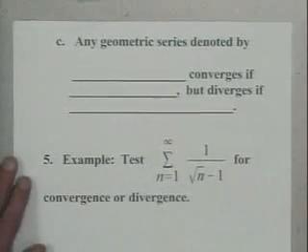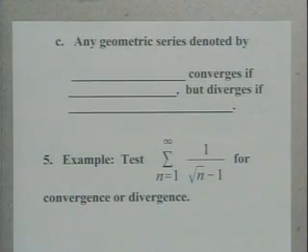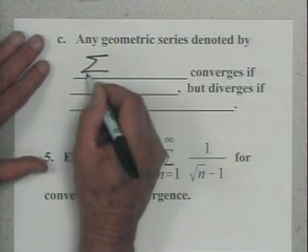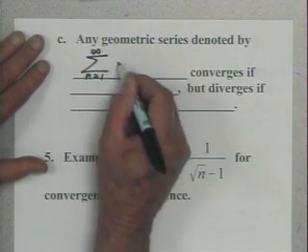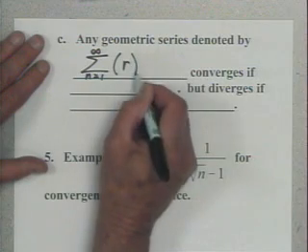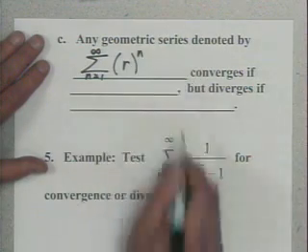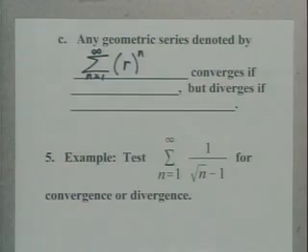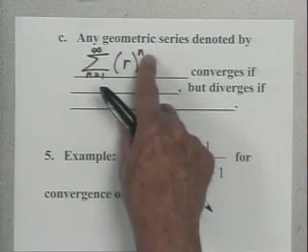The other one, of course, you already know about is the geometric series. They're good to use for comparison because we know a lot about them. What do geometric series look like in summation notation? They have some number r to the nth power. That's how you recognize the geometric series in summation notation. Now the n doesn't have to be plain n.